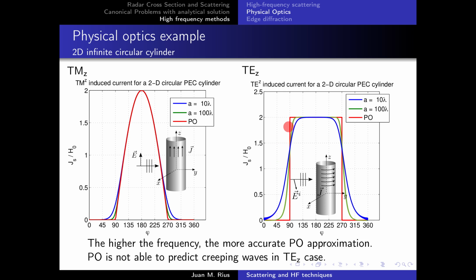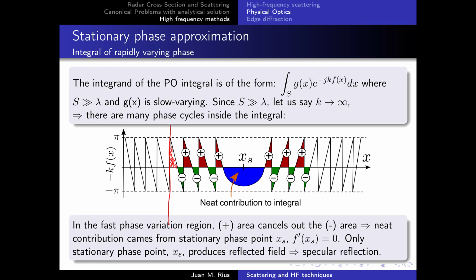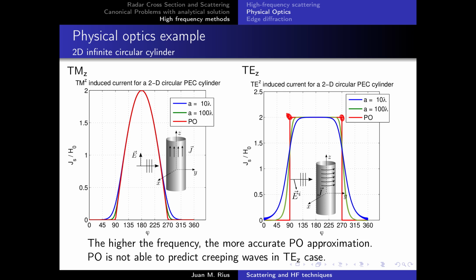But our physical optics approximation has an abrupt termination, here and here, that will leave some cycles of phase without cancelling. This will produce this non-cancellation of this positive phase with the next negative one. However, this is what happens due to the artificial abrupt termination of the physical optics current.